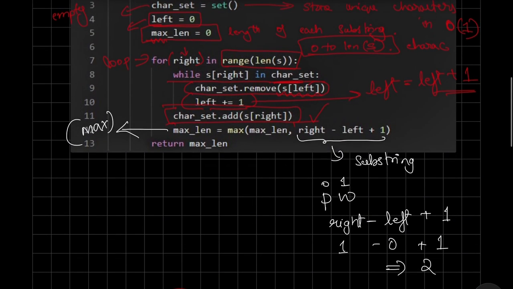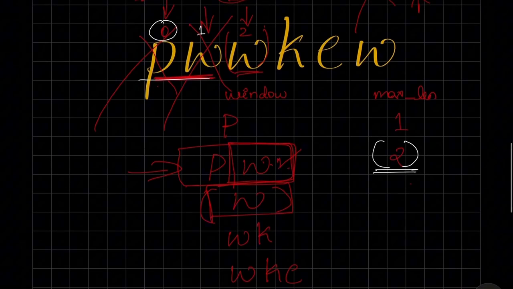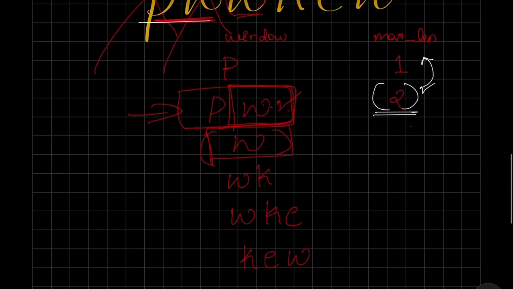And what happens? We only store the maximum of it, which means every time it is compared to the previous length of the substring and the longest one is stored. Like here, only 1 is there, but 1 is not stored. We compare 2 and 1. Since 2 is longest, 2 is stored.